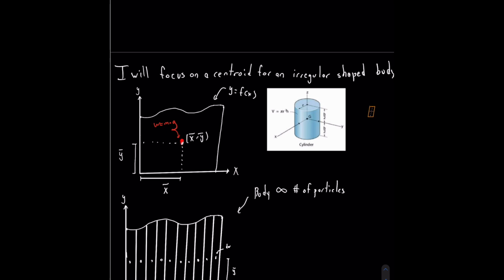The centroid is going to be located in the geometrical center of the object. Also, it's going to be as if the entire weight acted upon the center point right here, assuming the body is homogeneous, same density all throughout. Now, just like before, the centroid is going to have its own coordinates, an x and a y coordinate. Well, for this one, we're in 2D, so it's going to have an x and y.